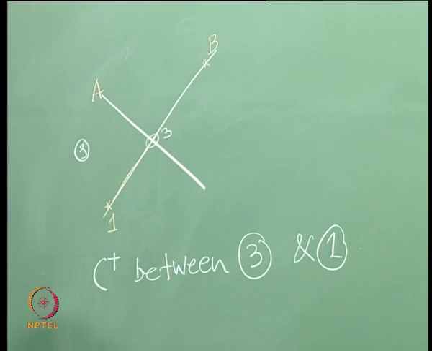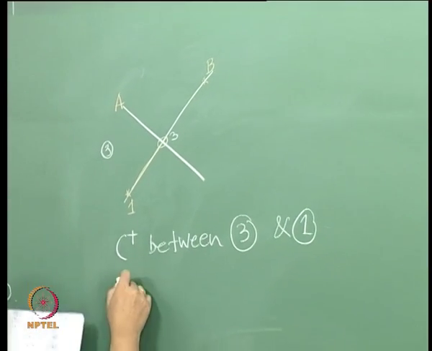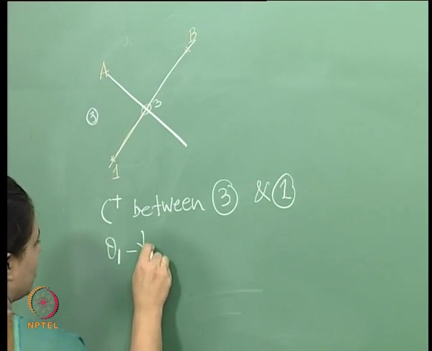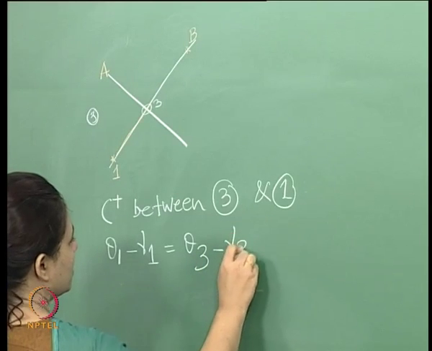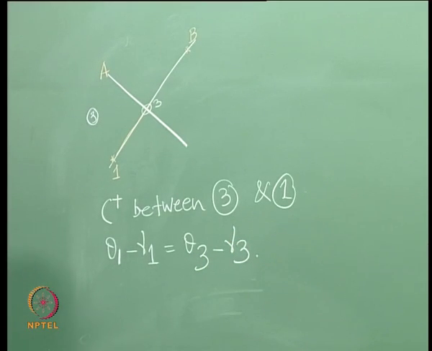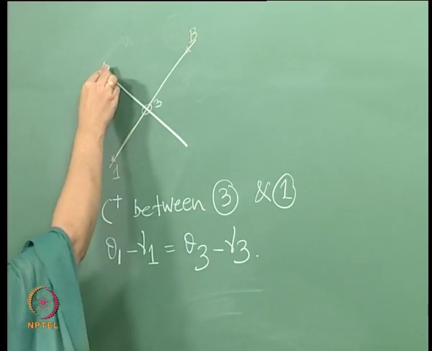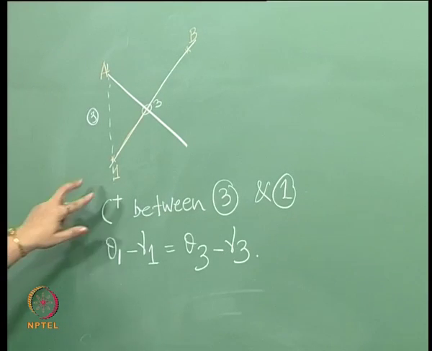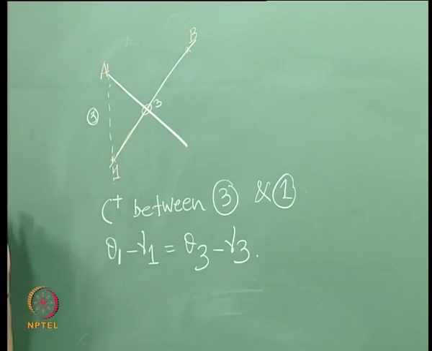Okay, so therefore, which means that theta 1 minus nu 1 is equal to theta 3 minus nu 3. So now you of course know that this at A and 1 is the entrance, right.